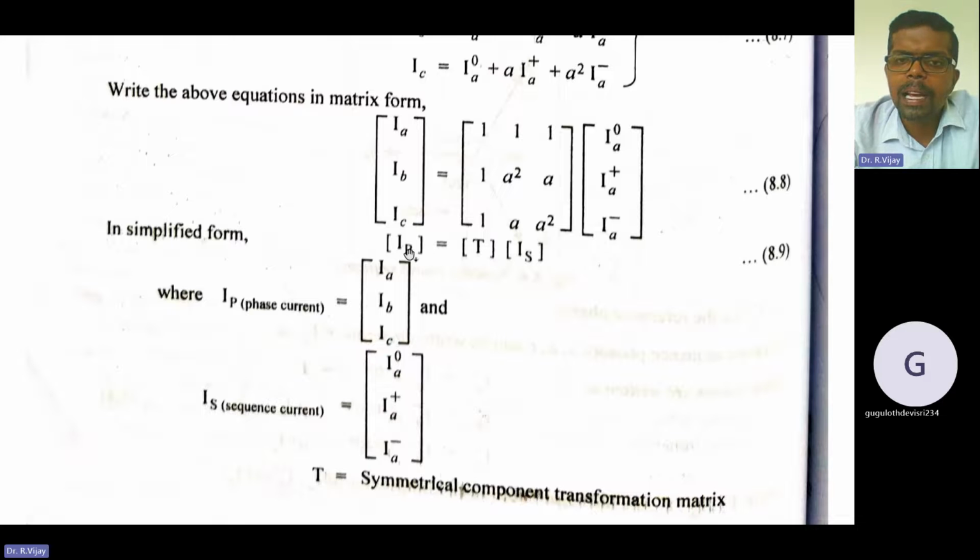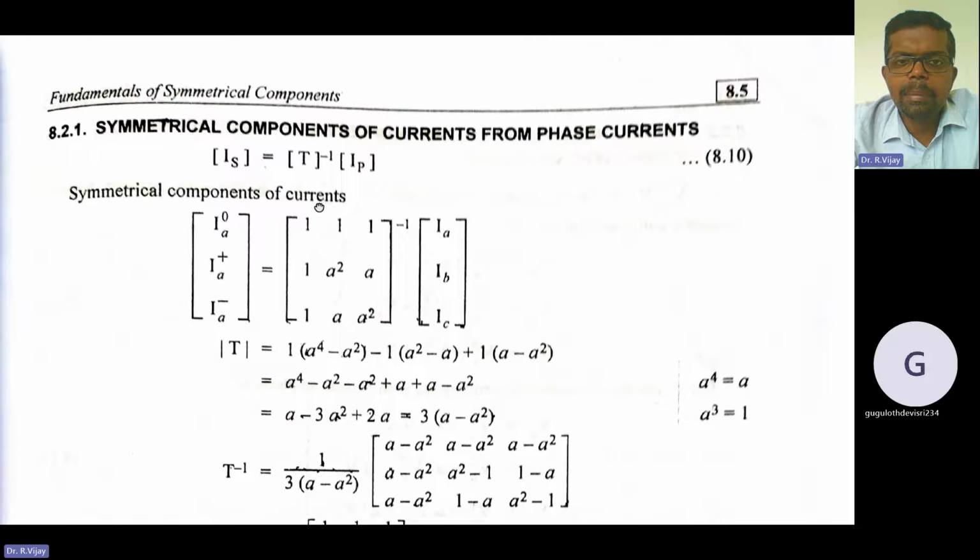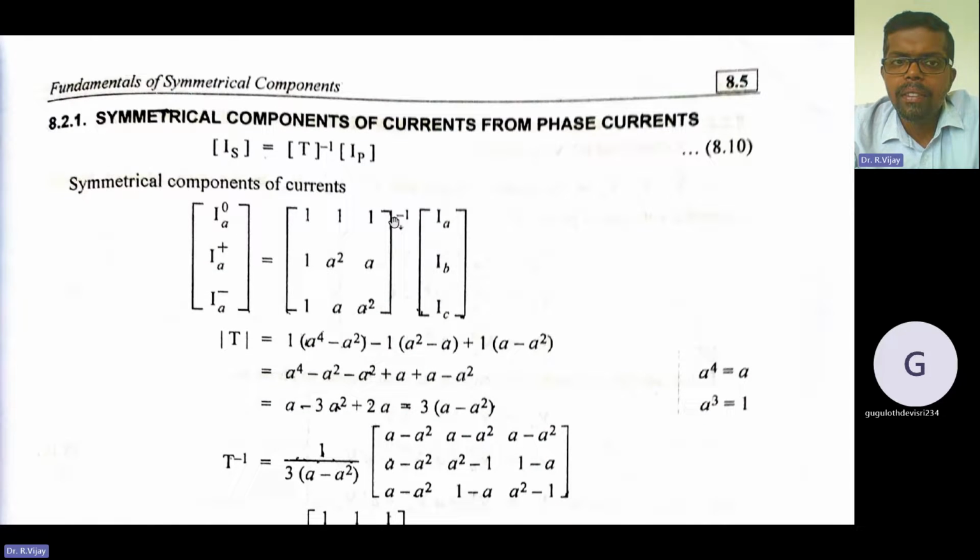So we represent it as the IP matrix equal to T into IS. IP is nothing but the IA, IB, and IC matrix. IS is the sequence current, that is IA naught, IA plus, and IA minus, where T is the symmetrical component transformation matrix, which I have already explained. Next, symmetrical components of currents from the phase current.